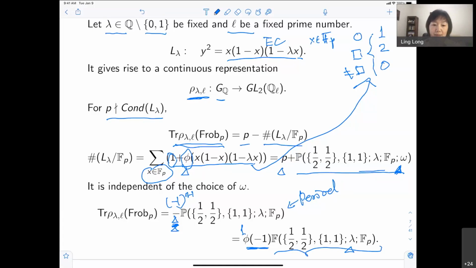All right. So this is actually the example telling you that basically the character sum, the period function up to a plus minus sign, or the normalized period function, they correspond to traces of Galois representations. Okay, any questions?